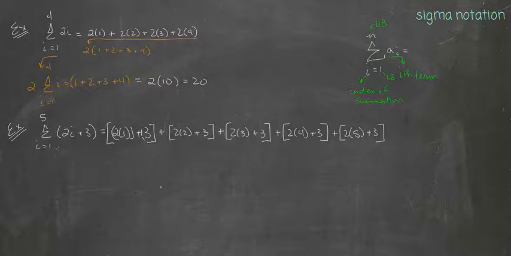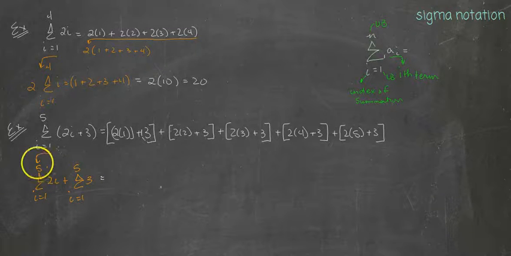So really, in this case, I can rewrite this as two separate sums. I could write the sum i equals 1 to 5 of 2i plus the sum of i equals 1 to 5 of 3. That is totally doable, and that will give me the same answer in a shortcut. So let's go ahead and do that.